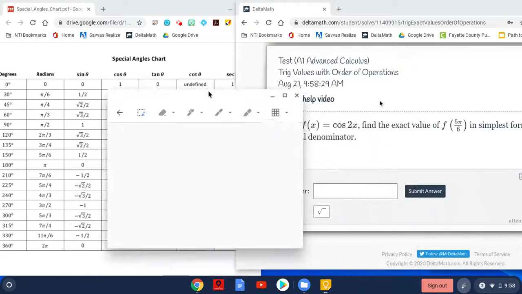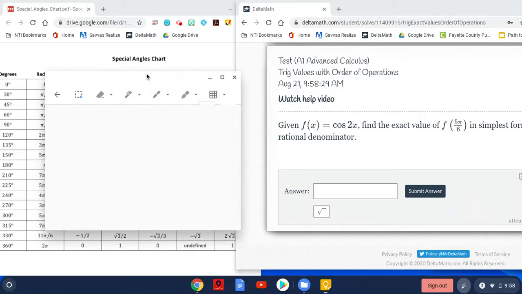They want me to find the cosine of 2x, but they're saying that x is 5 pi over 6. Let me write this down. I need to find f of 5 pi over 6.